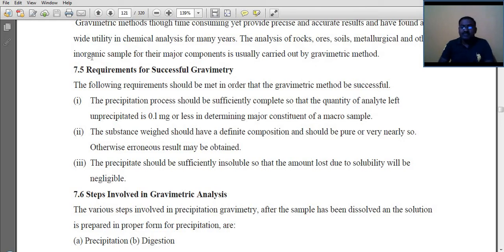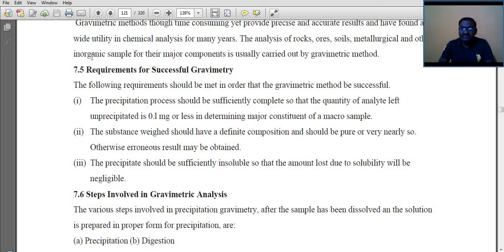The precipitation process should be sufficiently complete so that the quantity of analyte left unprecipitated is 0.1 milligram or less in determining the major constituent of a macro sample.